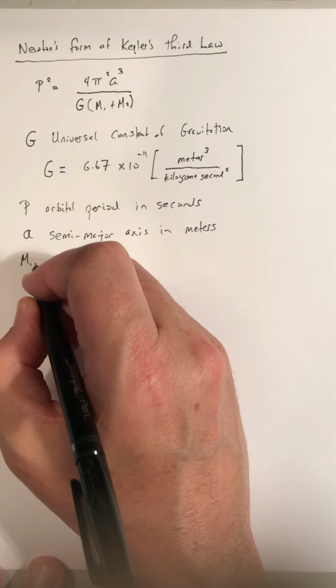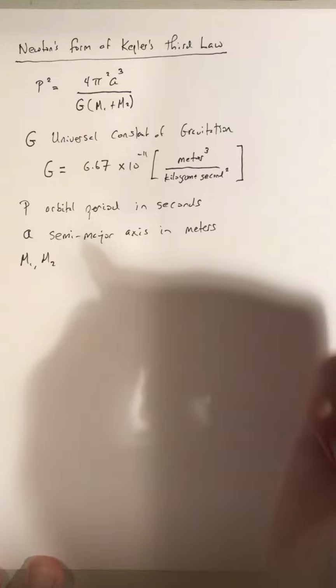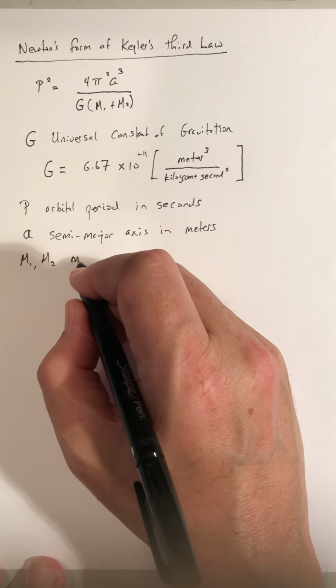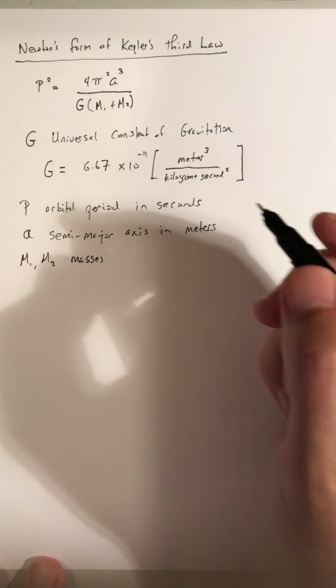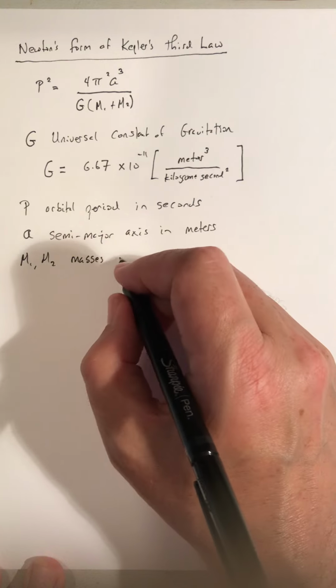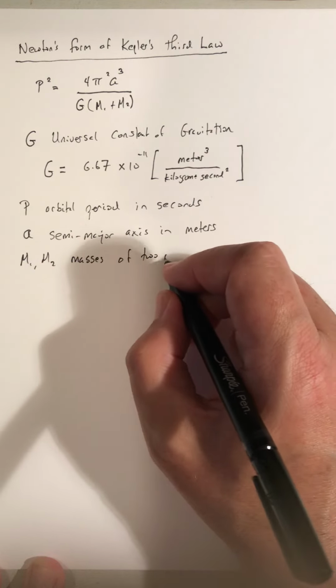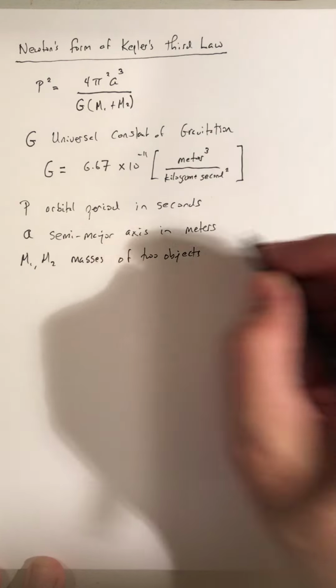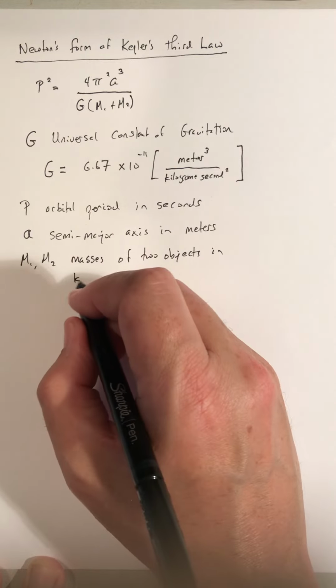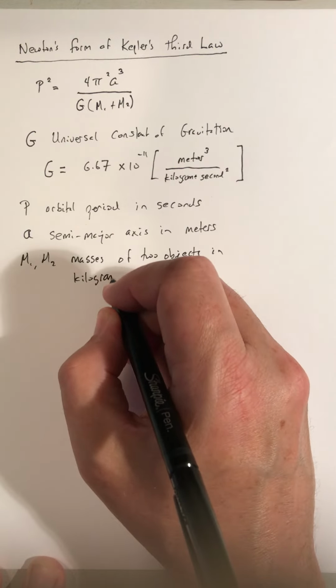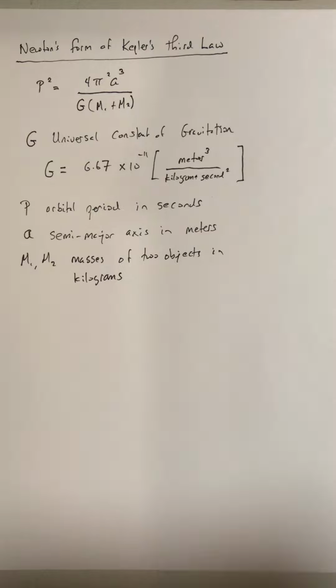And the masses, M1 and M2, are the masses of the two objects in the orbit. And that has to be in kilograms. If it's not in kilograms, you're going to have to convert it.